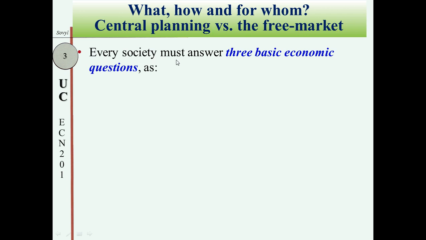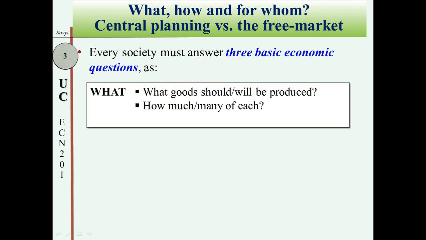Every society must answer three basic economic questions. What goods and what services should or will this country produce? What goods or services should or will this city or province produce?